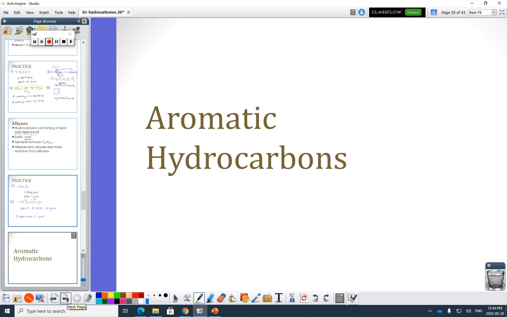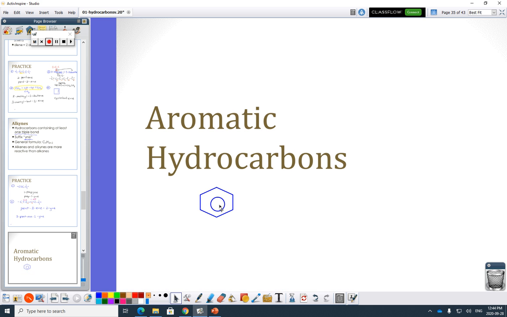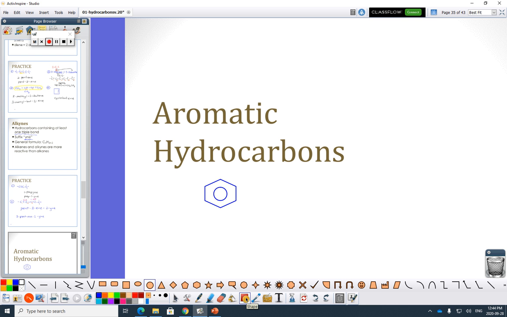So now we can switch to aromatic hydrocarbons. And aromatic hydrocarbons, remember, are based on benzene. So often written like this, sometimes written like this.